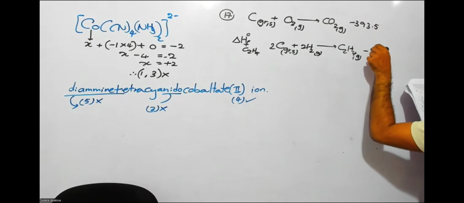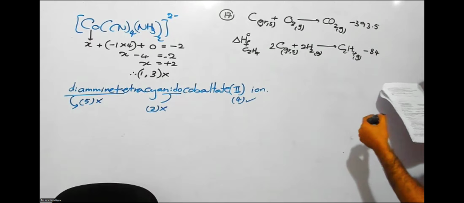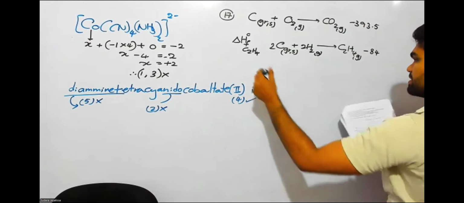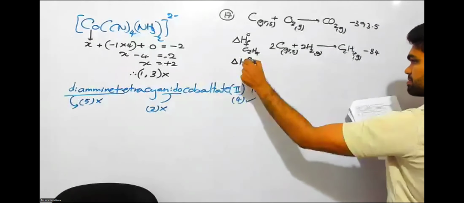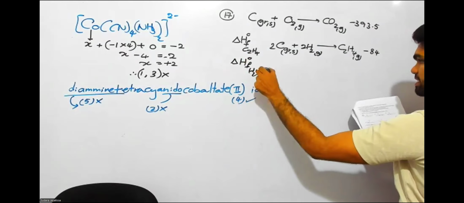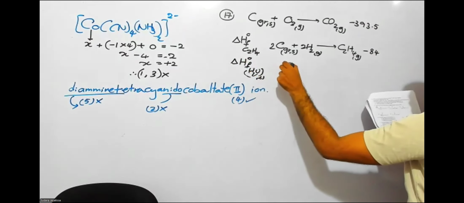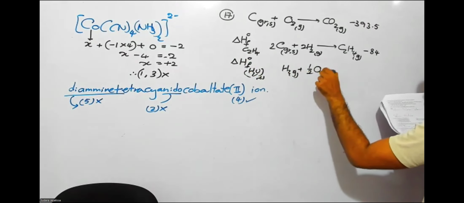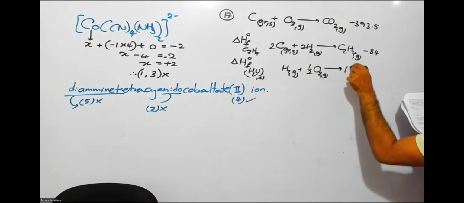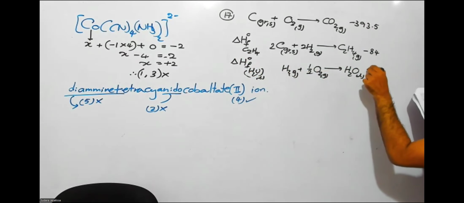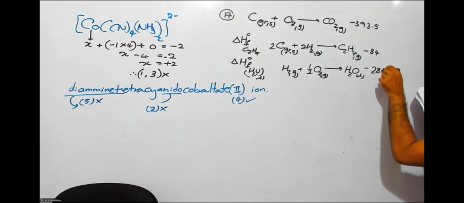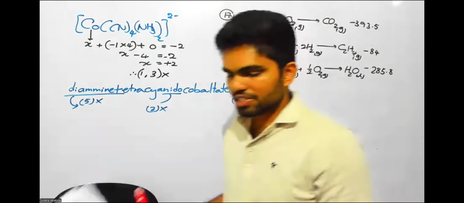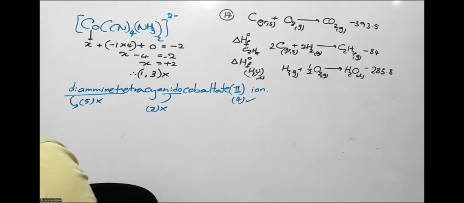This value is minus 84. And the formation value of H2O liquid, that means H2 gas and half O2 gas give H2O liquid, they have given minus 285.8. So according to me, this question has a very good meaning.